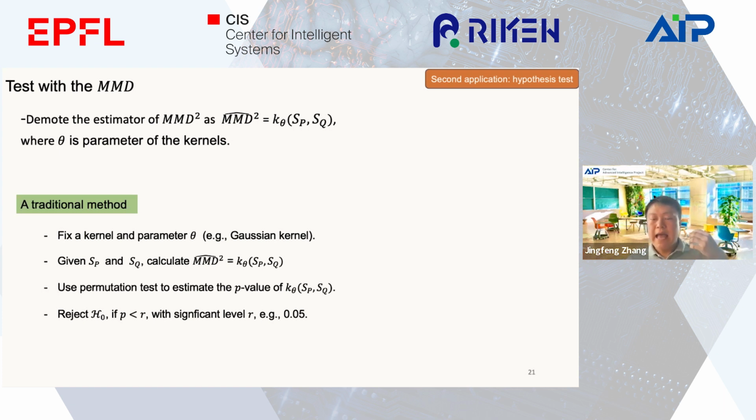Then, given S_P and S_Q, we calculate the estimation of MMD. This is the test statistic. Then we use the permutation test to estimate the p-value of this calculated test statistic. Lastly, we reject the null hypothesis if this p-value is too small. Otherwise, we accept the null hypothesis.